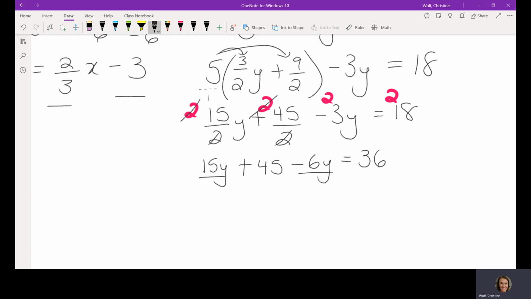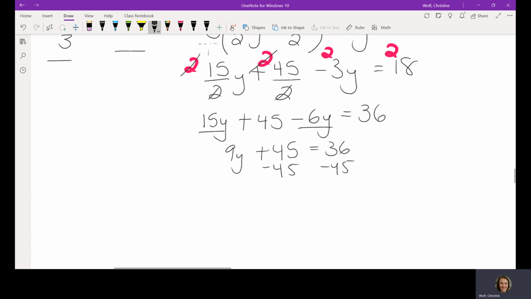I'm going to simplify these since they're together on the left-hand side. That's 9y plus 45 equals 36. I'm going to subtract 45 from both sides. So 9y is alone, and 36 minus 45 is negative 9. Then we divide off 9, y equals negative 1, and I have found my first value.